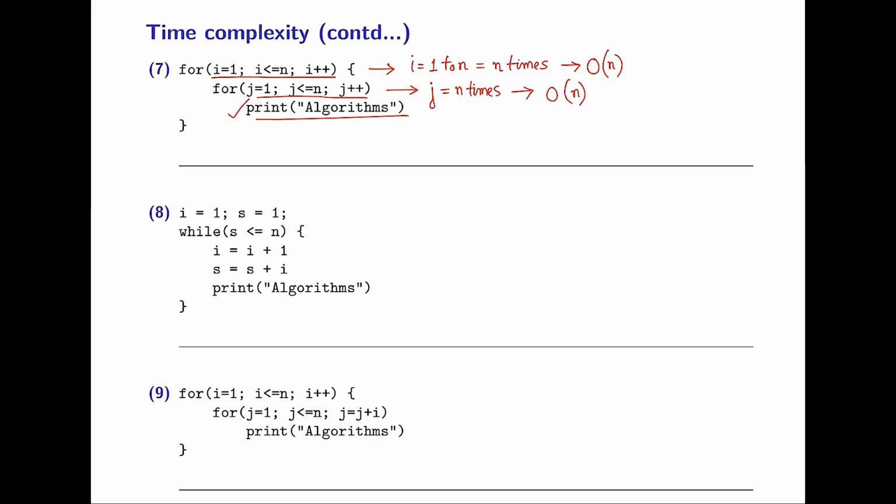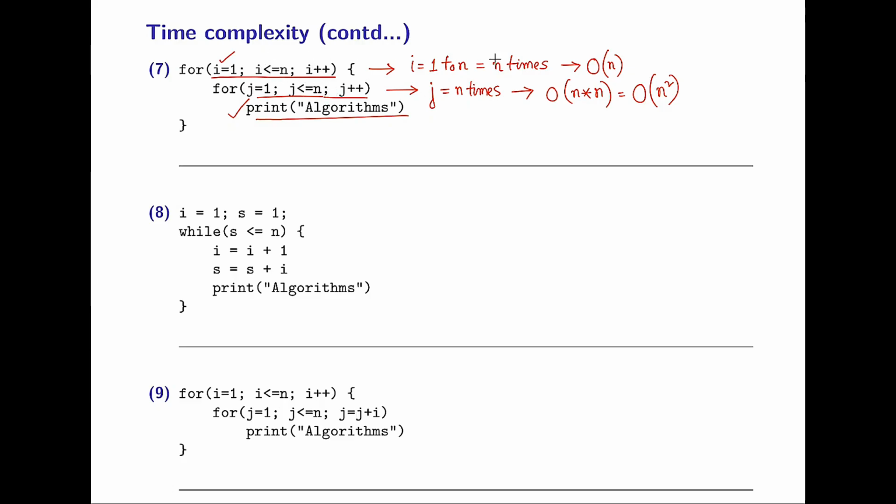So here will be what? n into n. So this loop will run n square times. Why? Because when i is equal to 1, this innermost loop will run n times. When i equal to 2, it will run n times. When i equal to 3, it will run n times.